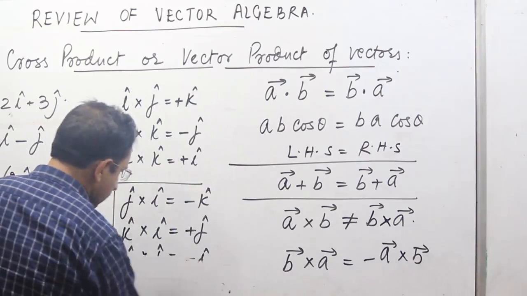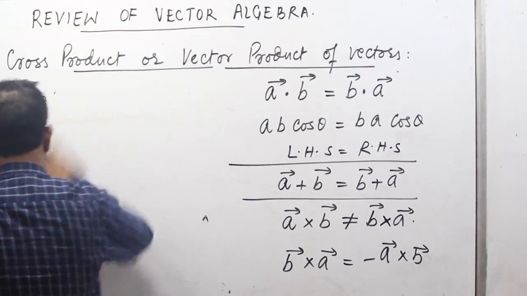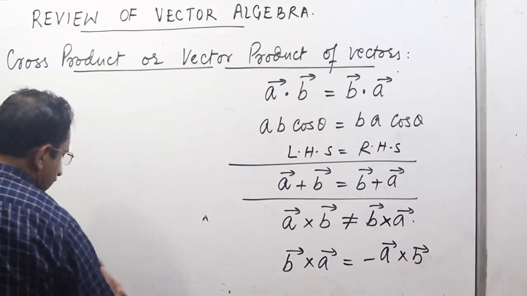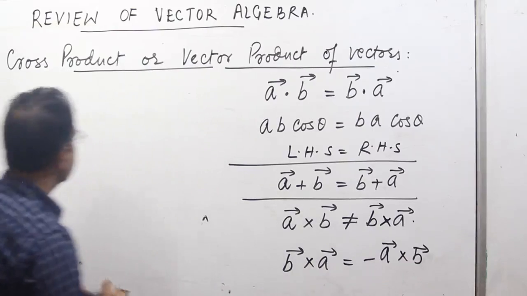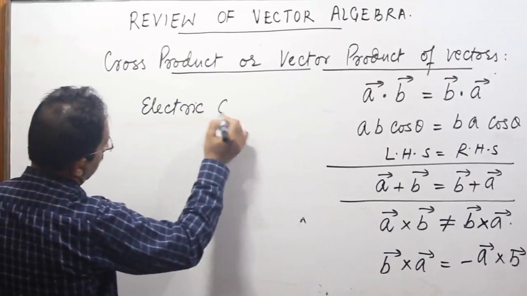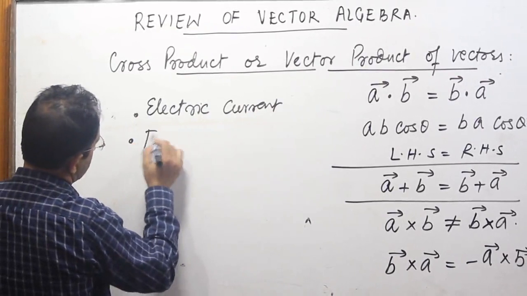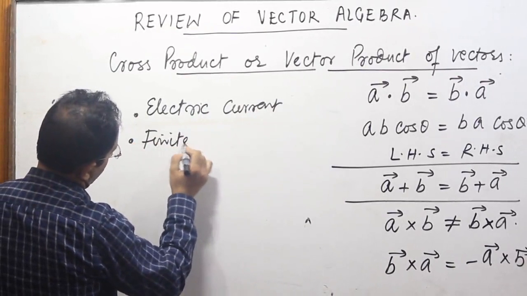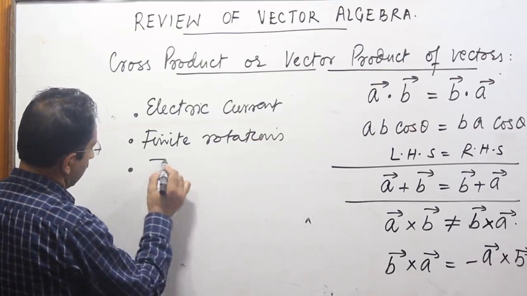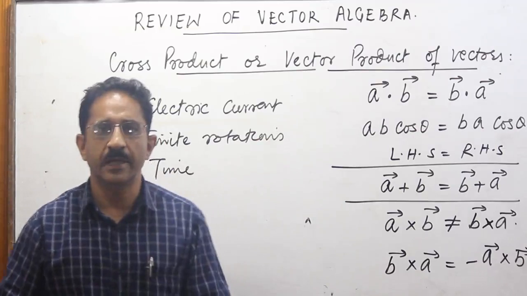Now as far as the additivity of vectors and this commutative property goes, there is sometimes a very important kind of situation. The situation you will meet in case of electric current, you will meet in case of finite rotations, and you will meet in case of time. In all these three cases, there seems to be a direction.